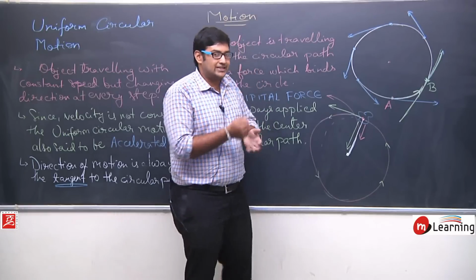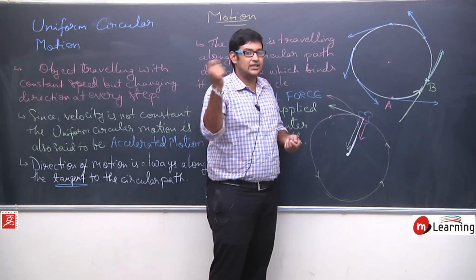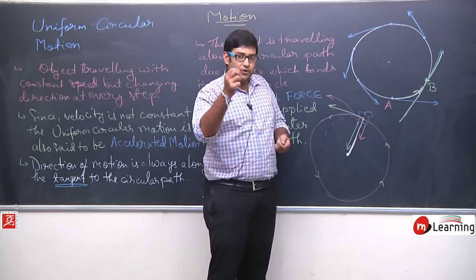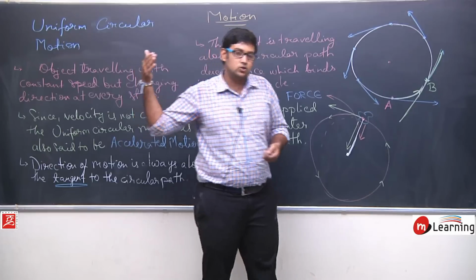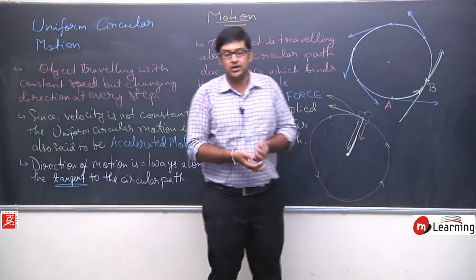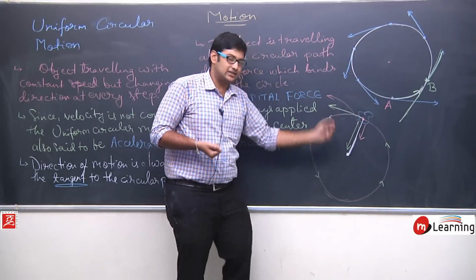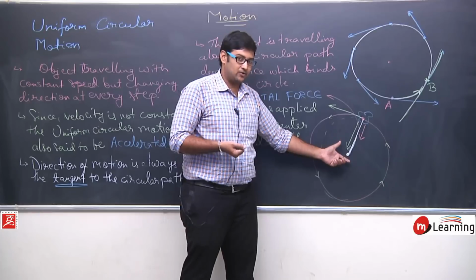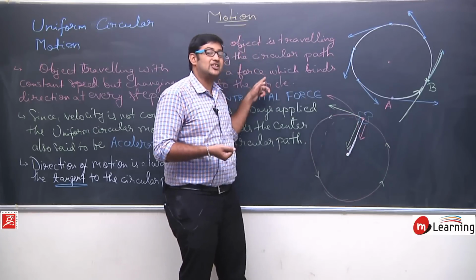Now observe the situation. If you hold the end of the thread and if you start moving it like this, the stone will move along the circular path. And if you leave the thread from your hand, you will find the stone will go tangentially. Okay, the stone will go like this. For example, if you are moving the thread like this, you are holding it from here. If you leave this end, what will happen? The stone will shoot in this direction.